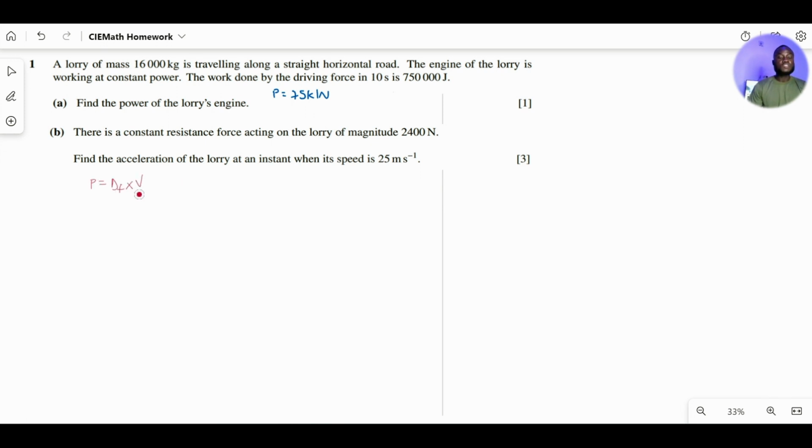We know that power is driving force times velocity. So if we rewrite this equation and make driving force the subject, we are able to find the value of the driving force given the power and the velocity of the particle.